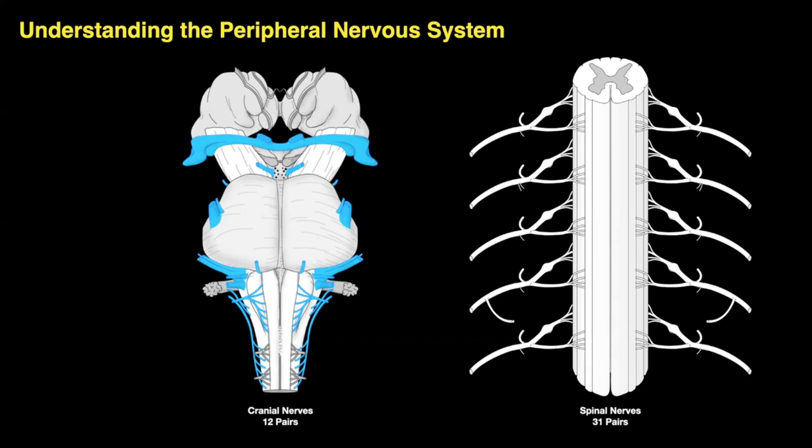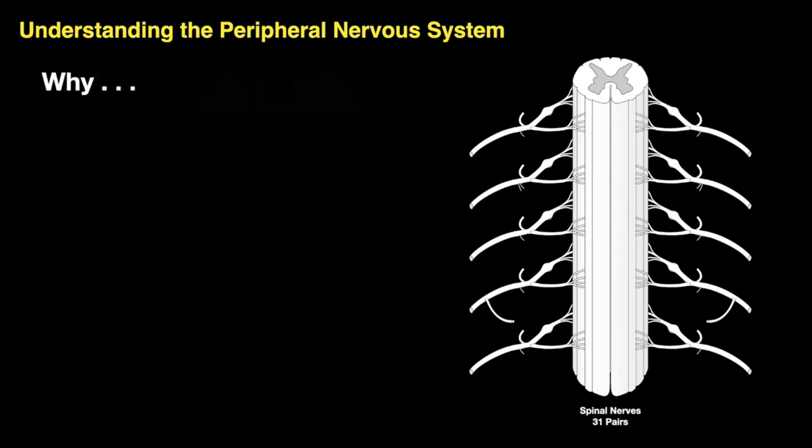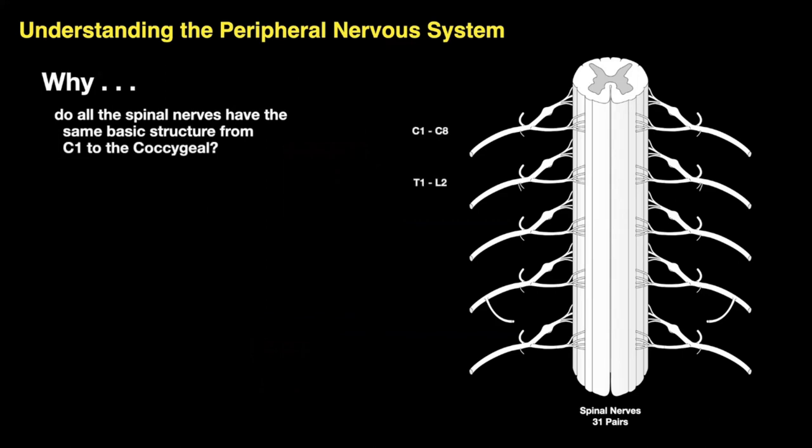So let's pose some why questions to start with. Why do all the spinal nerves, from the very first cervical one all the way to the coccygeal spinal nerve, all look basically the same? They all have the basic similar pattern of anatomy.